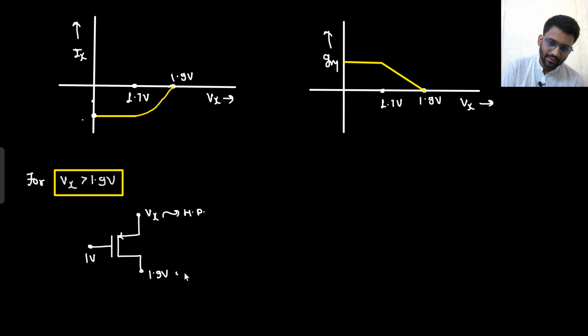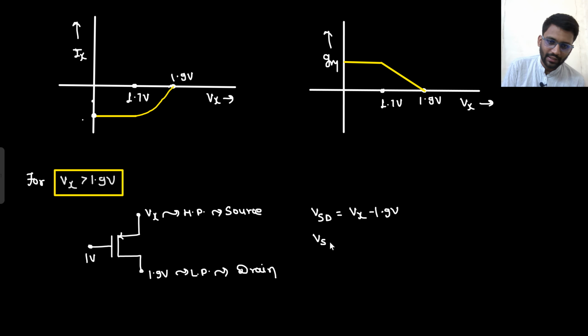If it is at higher potential, this will become source and this will become drain, right? So what will be your VSD value? That would be Vx minus 1.9 volt.